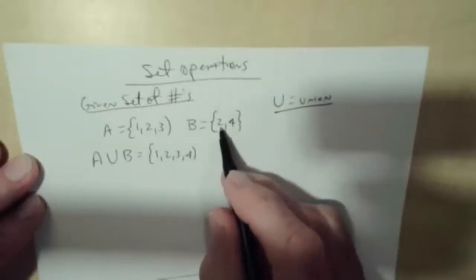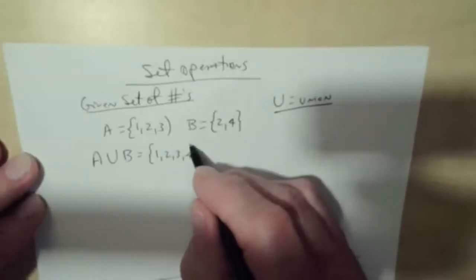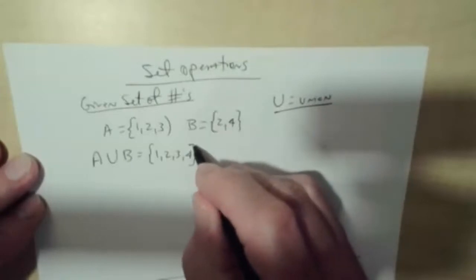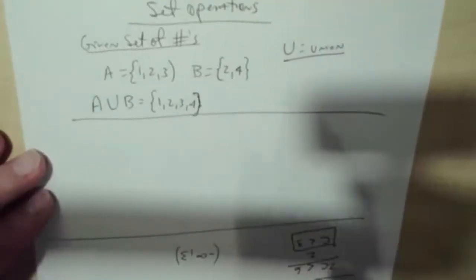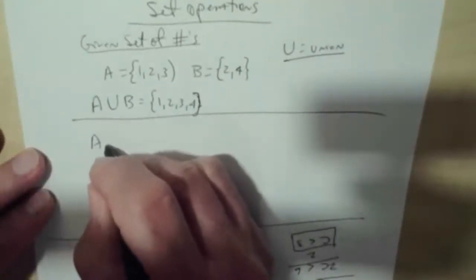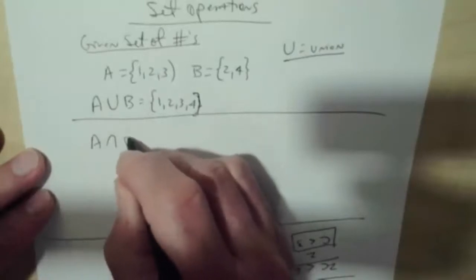This is a brace here, not a bracket. Okay? Now, what if we have the intersection? If we have A intersect B. Intersection means what numbers are in both.